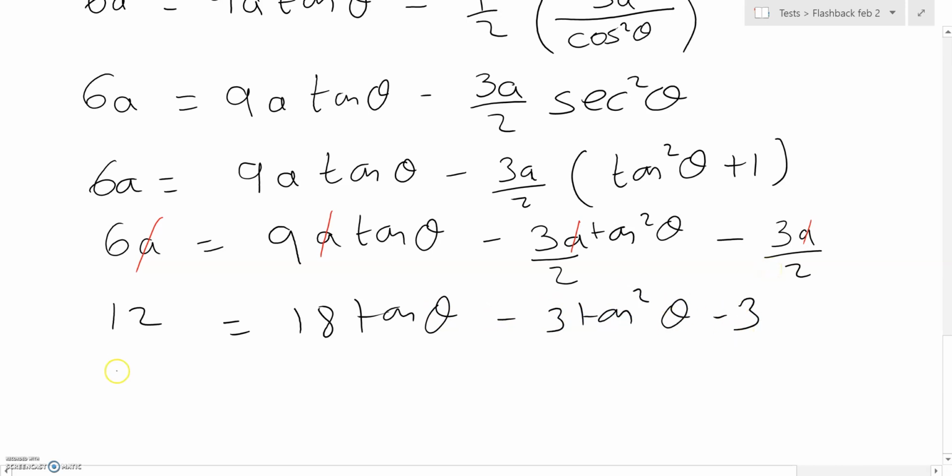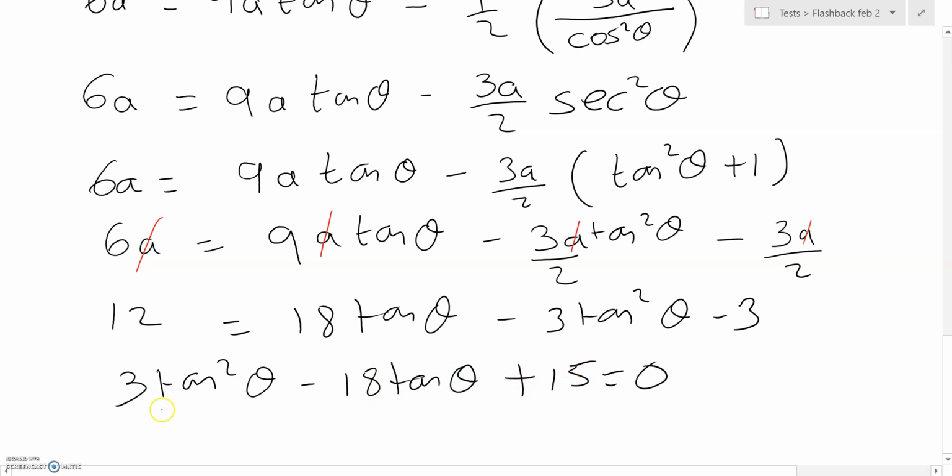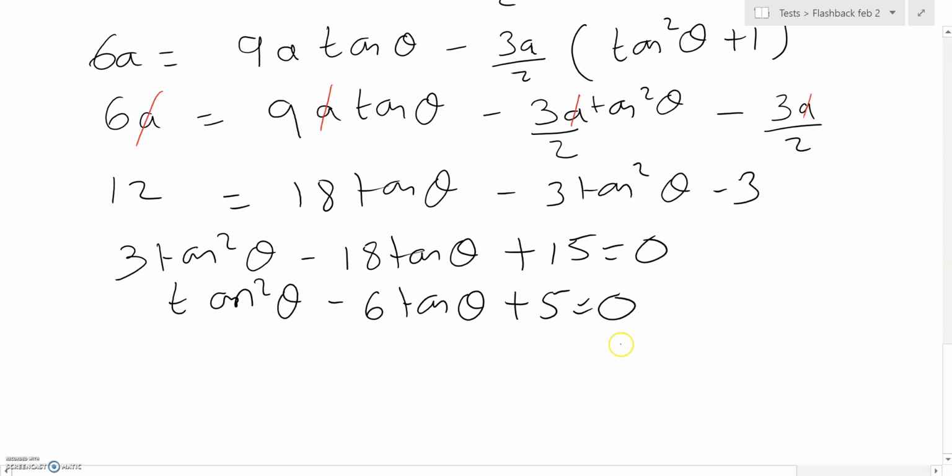And take everything to one side. And divide by 3. Giving us what we wanted. So let's just put a little as required.